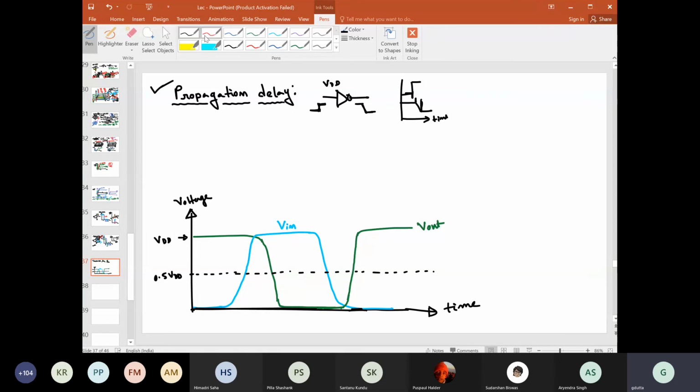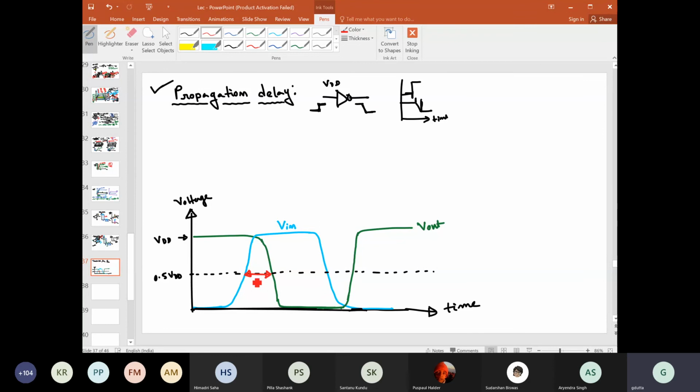Let me take the red color to indicate it. See this gap. The input is changing, but the output is not following that change instantly; there is a gap. So this is one propagation delay.